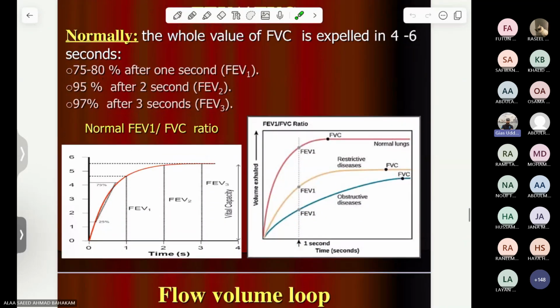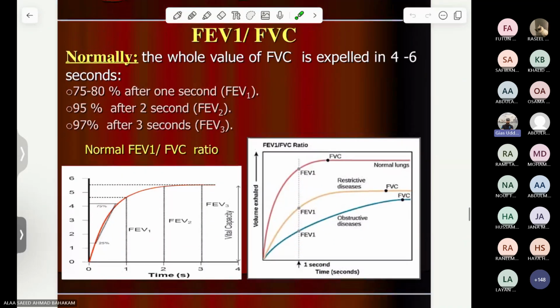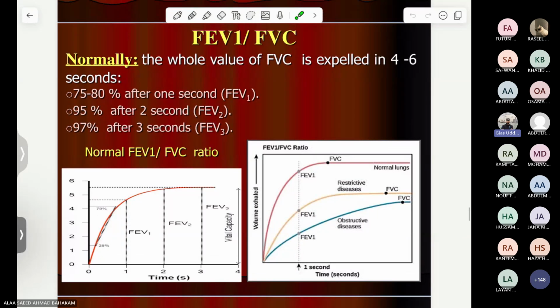So now on the right hand side, the picture as you see, the top one is the normal people, the middle one is the restrictive lung disease, and the bottom one is the obstructive lung disease. So in the bottom one, the FEV1 over FVC ratio, and in the restrictive one, the FEV1 over FVC ratio, what do you think?